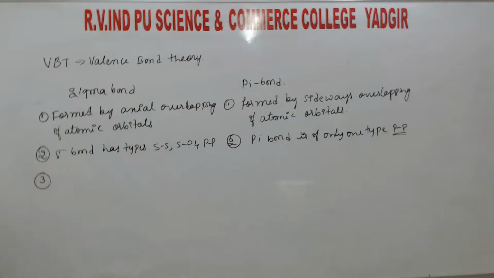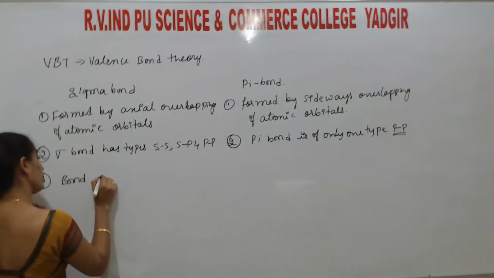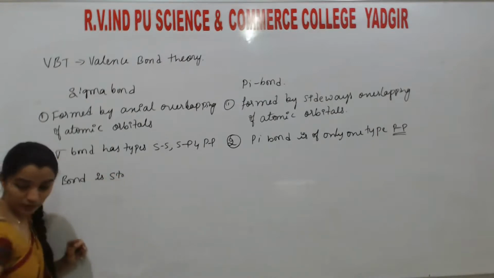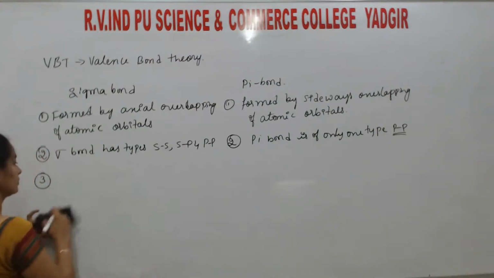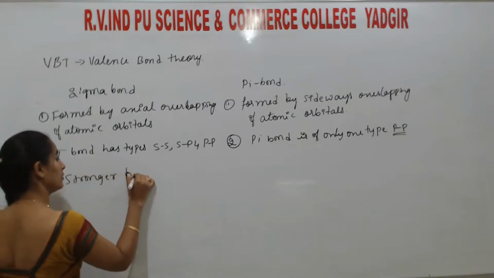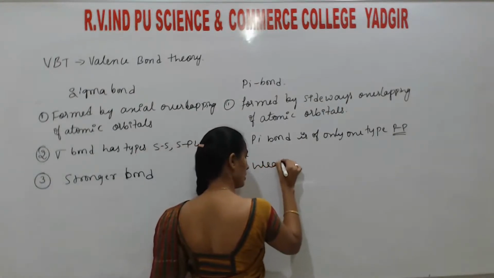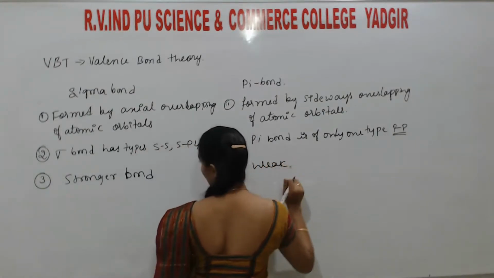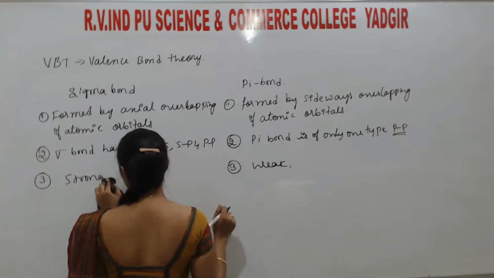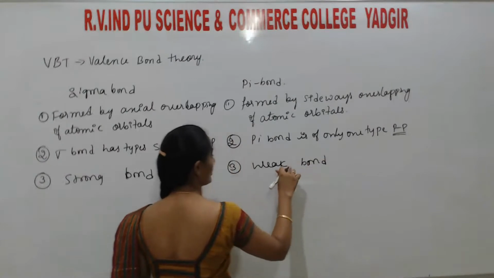Next, further, the sigma bond is a stronger bond, and the pi bond is a weak bond. This is completely stronger, this one is weak.